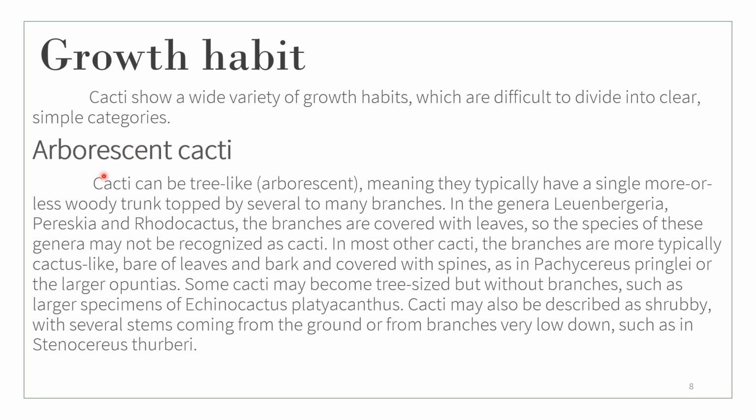Okay, so we have arborescent cacti. Cacti can be tree-like, or arborescent, meaning they typically have a single more or less woody trunk topped by several dominant branches. In the genera Leuenbergeria, Pereskia, and Rhodocactus, the branches are covered with leaves, so that species of these genera may not be recognized as cacti.